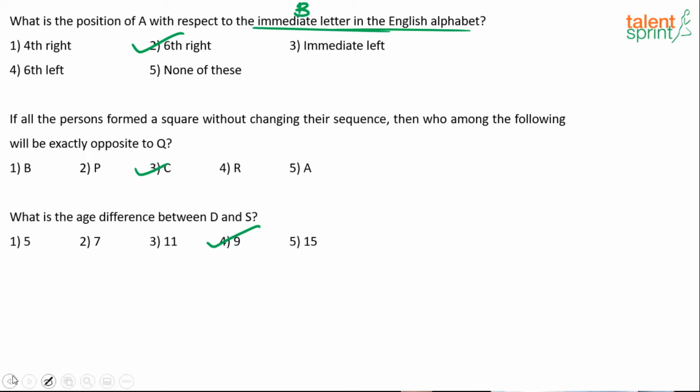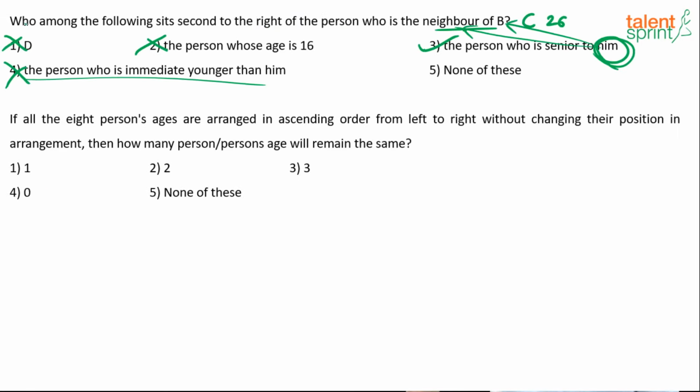So the question is who sits second to the right of the person who is the neighbor of B. I think it depends on how you look at it, right? In my view, it should be 3 because we are referring to this person, the neighbor of B. We are finding out the person who sits second to the right of the neighbor of B. So who was that person?